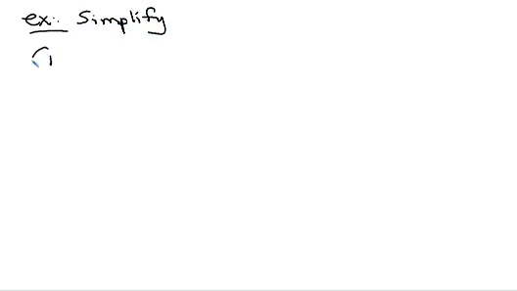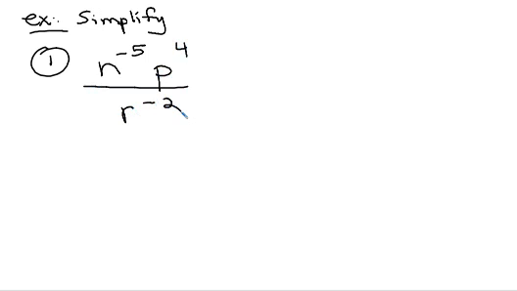You're going to be asked to simplify some expressions that have negative exponents in them. We'll start with this one. N to the negative fifth, p to the fourth, over r to the negative second. Now this one's not real bad because there's just one of each variable. So all I really need to do is move things around.